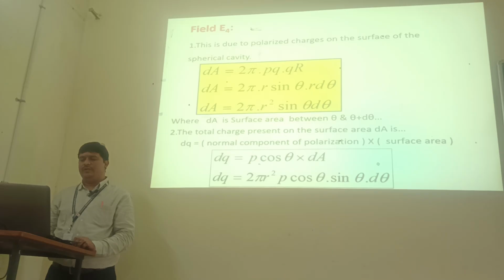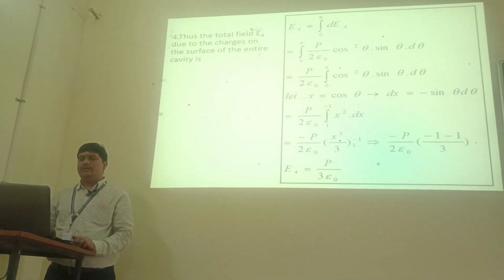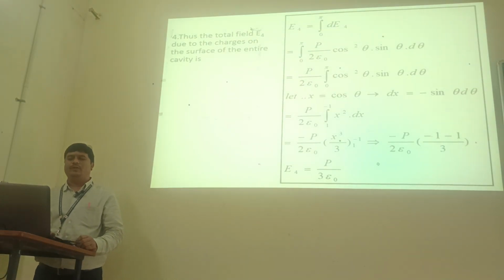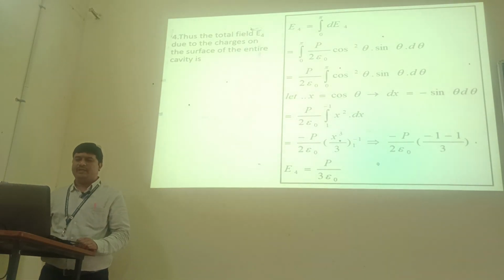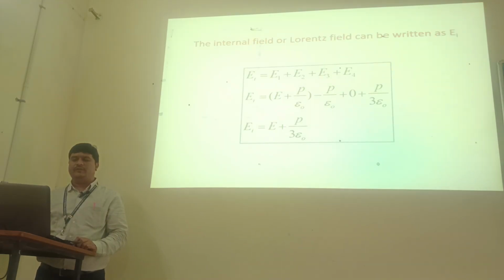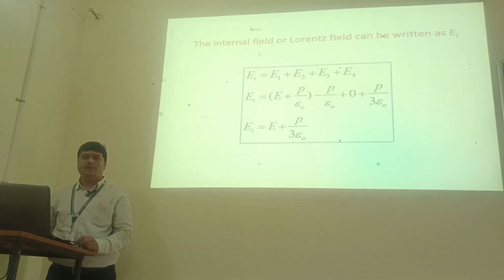We know dE4 equal to P by 2 epsilon naught cos square theta sin theta d theta. Then after integration we get E4 equal to P by 3 epsilon naught. Finally, we get the internal field or Lorentz field Ei equal to E plus P by 3 epsilon naught.